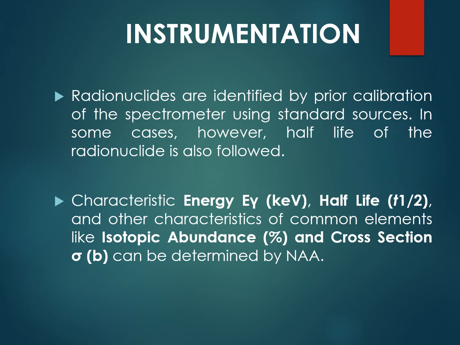So the gamma ray energy, E gamma, denoted in keV, the half-life of a substance, T half, and other characteristics of common elements like isotopic abundance and cross-section, sigma, can be determined by neutron activation analysis.